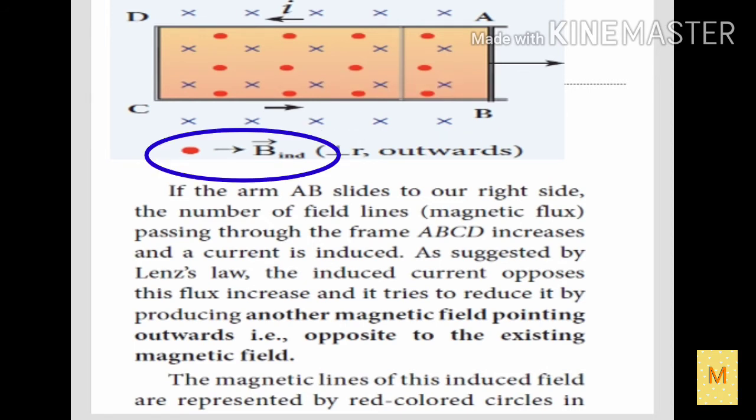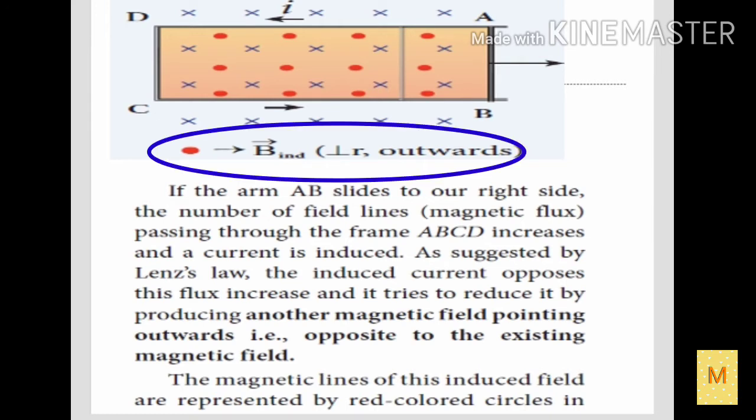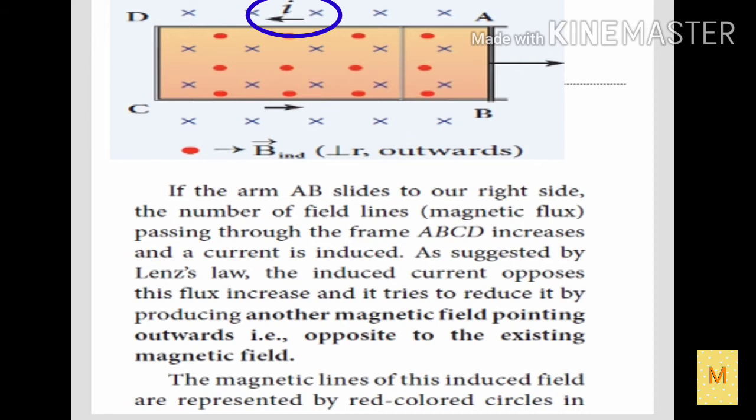The magnetic lines of this induced field are represented by red colored circles, which is shown in the figure. From the direction of the magnetic field thus produced, the direction of the induced current is found to be anticlockwise by using the right hand thumb rule.